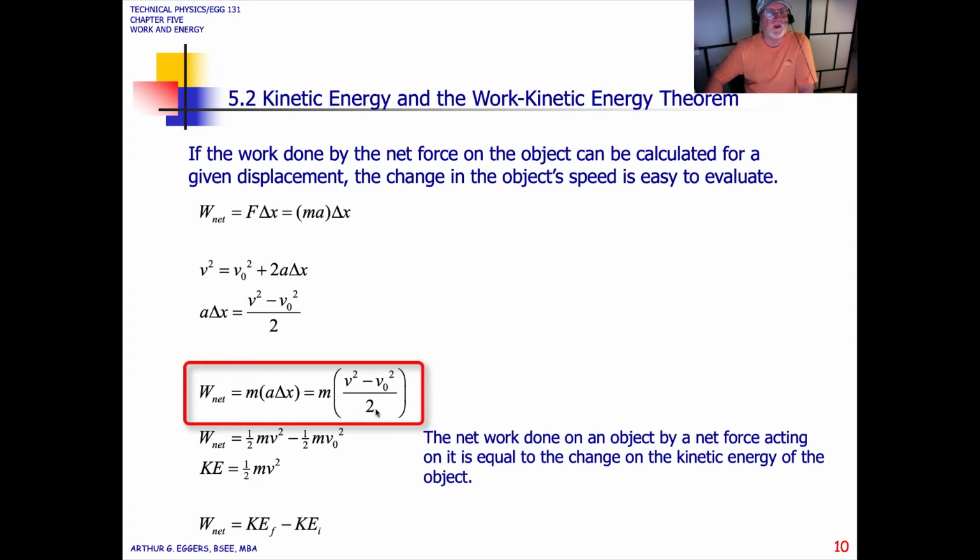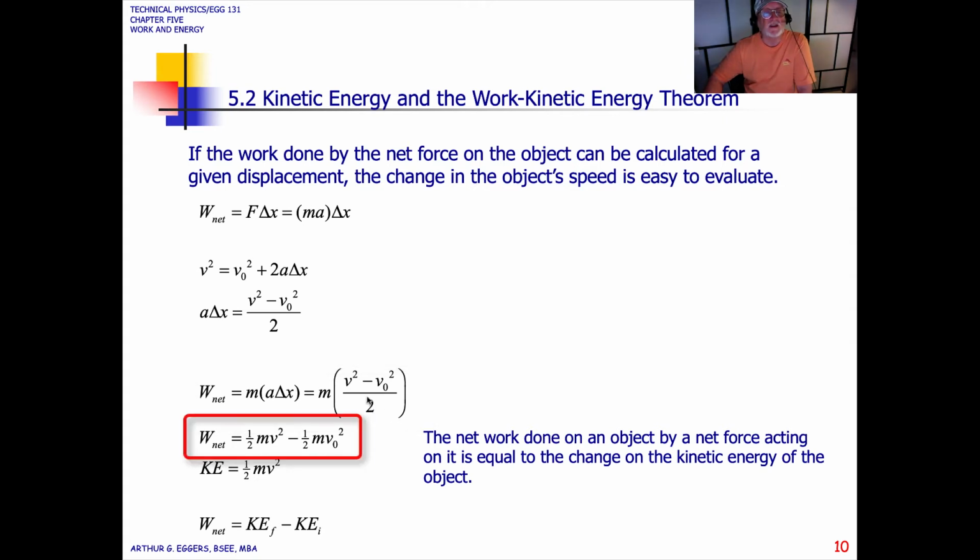Now what I can do is I can factor out the 2, or the 1/2 in this case, from both of those terms so that I now have a definition that says the net work is equal to 1/2 mv squared, that's the final term, minus 1/2 mv initial squared. Okay?